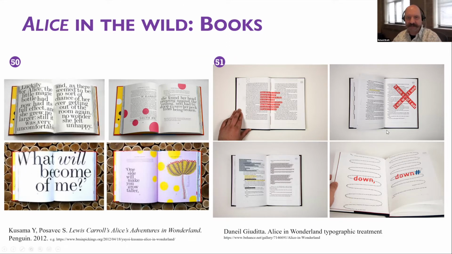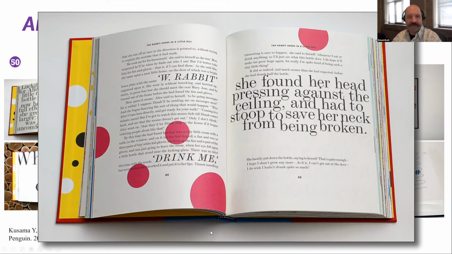And on the right, by, I believe, an art student, Danielle Gudita, are incredible typographic treatments, with highlighting and changing the layout and wrapping and capitalization and sizing and so forth. For example, in this edition, as Alice grows, literally the text is growing and getting bigger and has trouble fitting on the page.